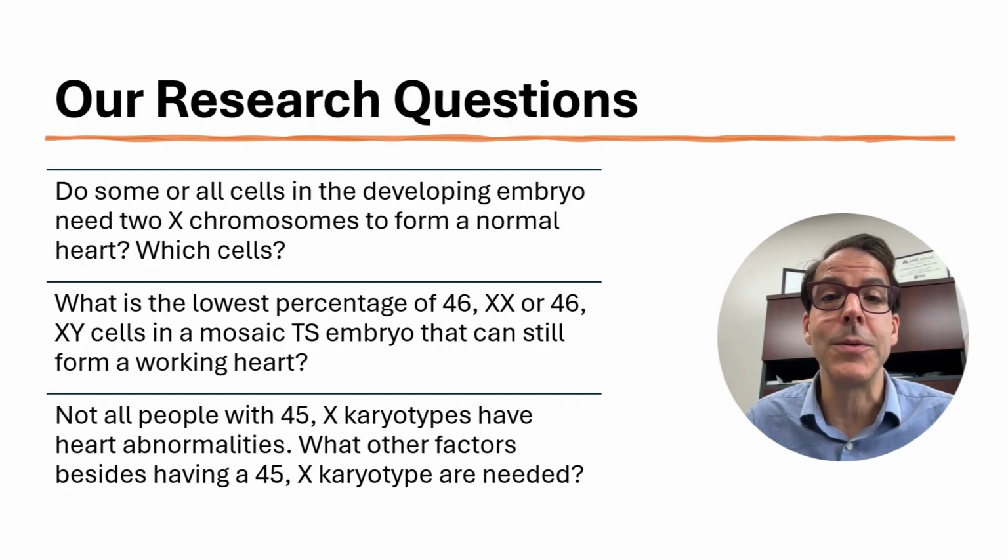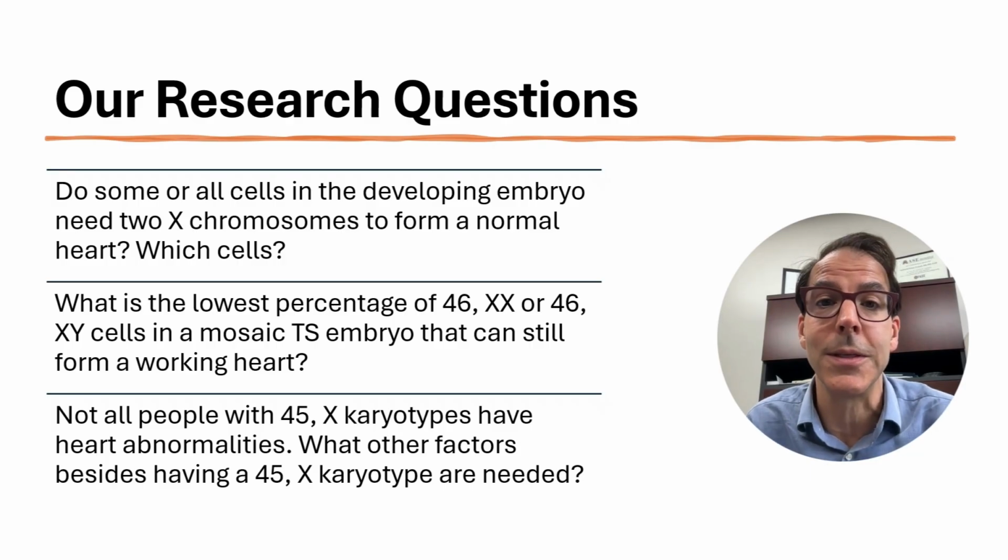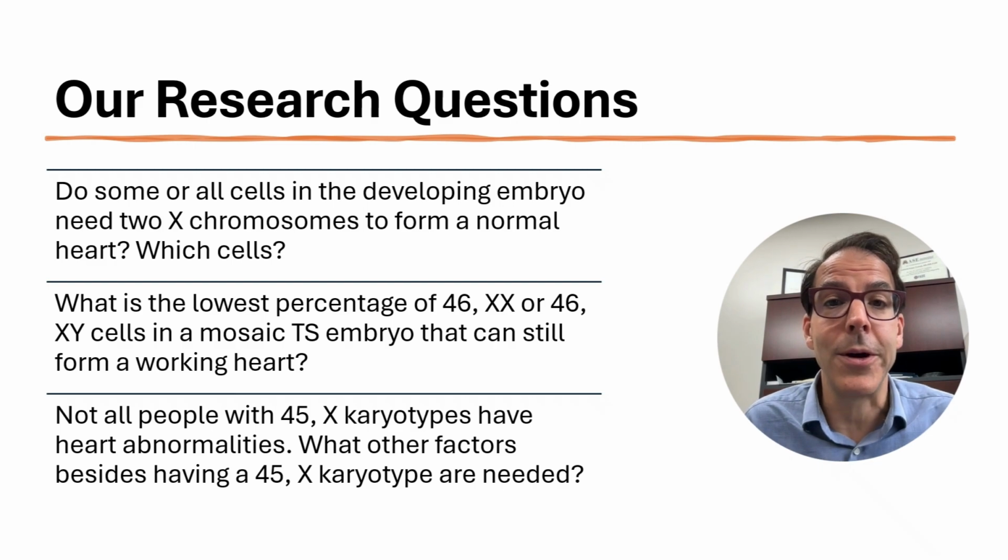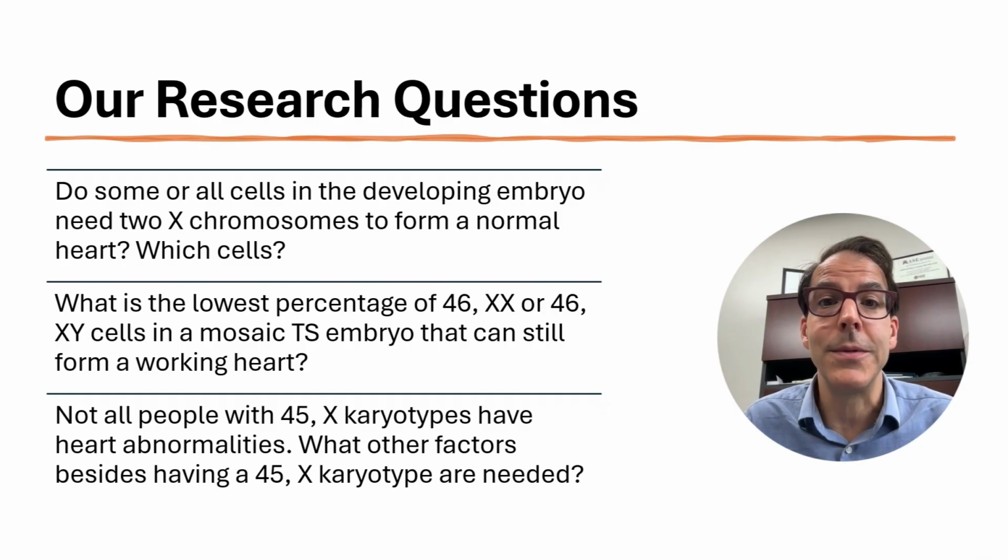What is the lowest percentage of cells with two X chromosomes that are needed to form a heart, or an X and a Y chromosome? We also know that not all people who have 45X karyotypes in their blood cells have heart problems. So what other factors besides having a 45X karyotype are needed to develop heart abnormalities in Turner syndrome?